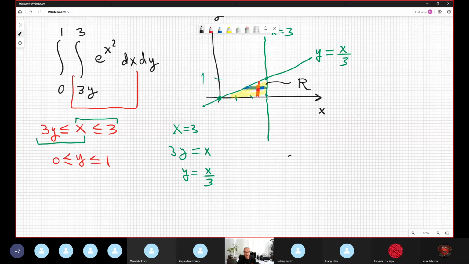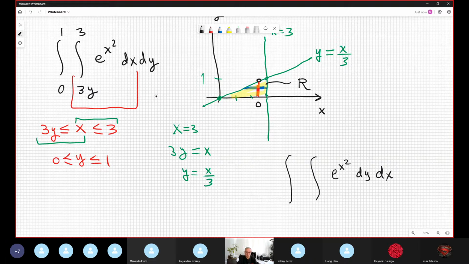So I set up my new double integral. The integrand function I don't touch, but I reverse the order of the integration. Okay, entonces I go in the red direction. I go from y equals 0 because this is my first integral, and in my first integral the limit is a y value. No? Entonces it's from y equals 0 to the y of the line.